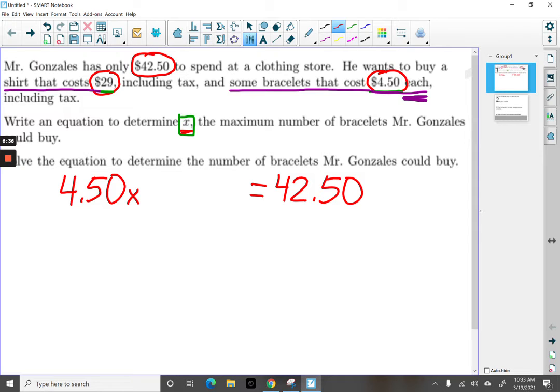So my last step here is to add on that $29 shirt that he wants to buy as well, because adding up all of his items is going to give him the total amount of money that he can spend. And there is my equation.